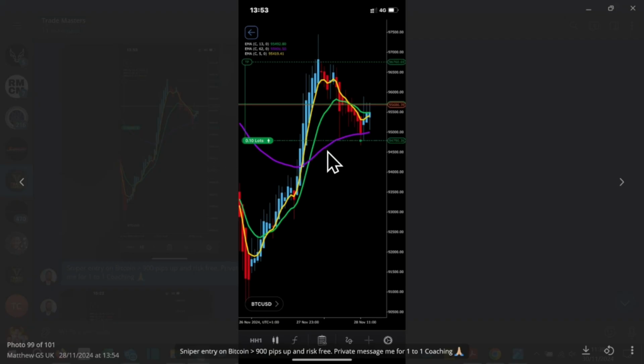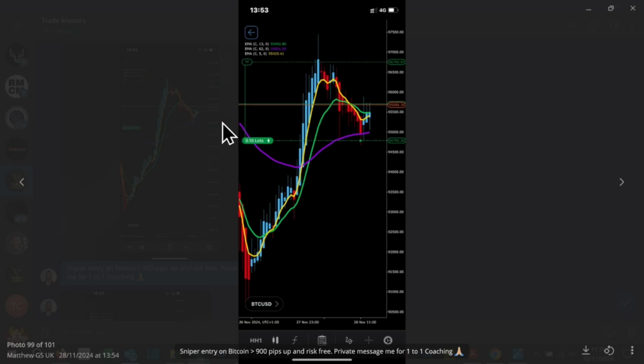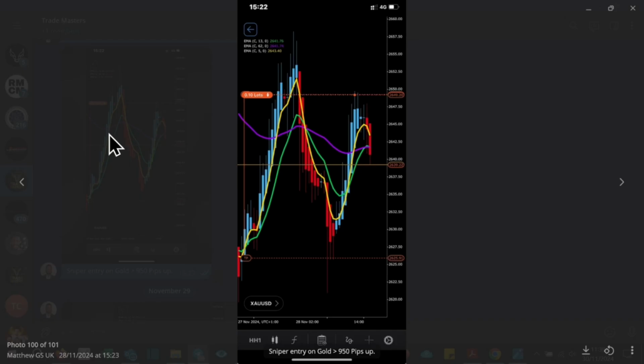So this is on Bitcoin. Can you see how the buyer was made and then it completely reverses? That is a sniper entry. That turned out to be a winner, this trade here on Bitcoin. This is a sniper entry.